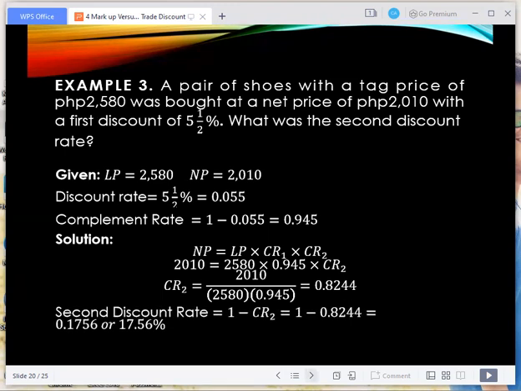So the discount rate would be 1 minus the complement rate. So 1 minus 0.8244, you get 0.1756 or 17.56%. That is the second discount rate.